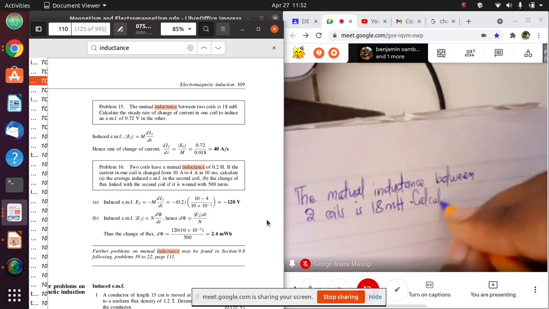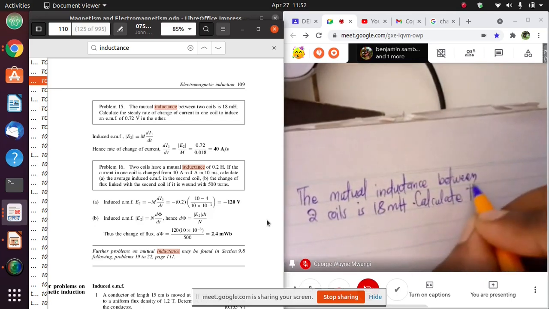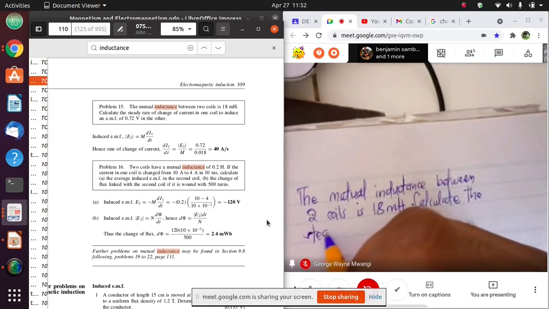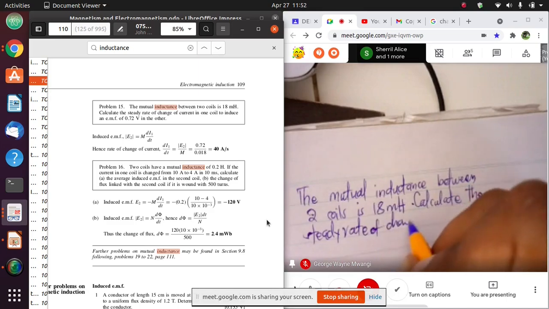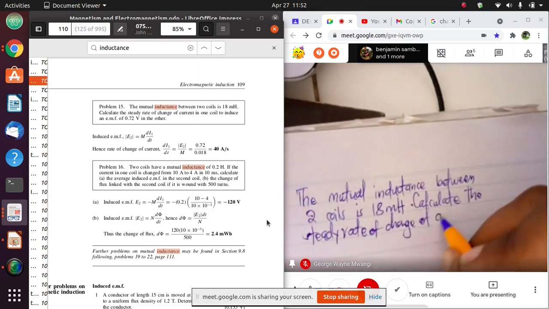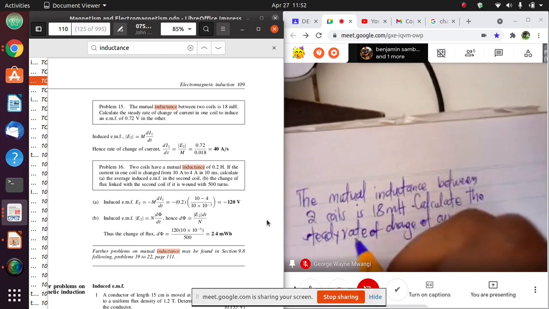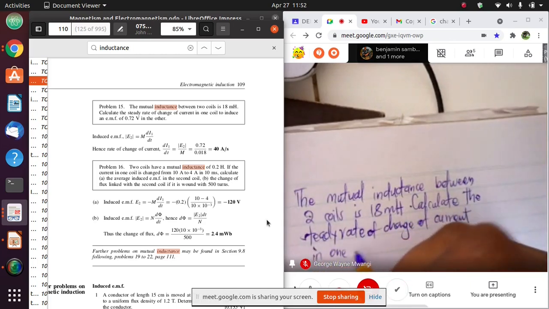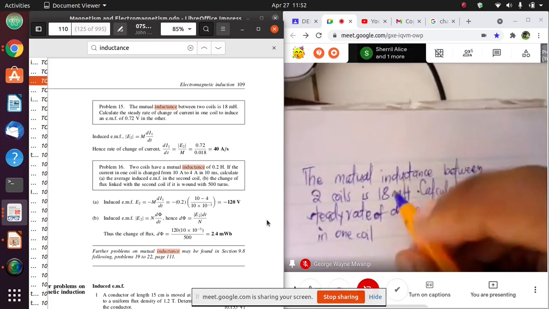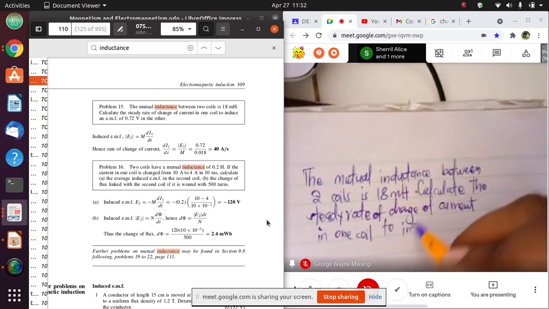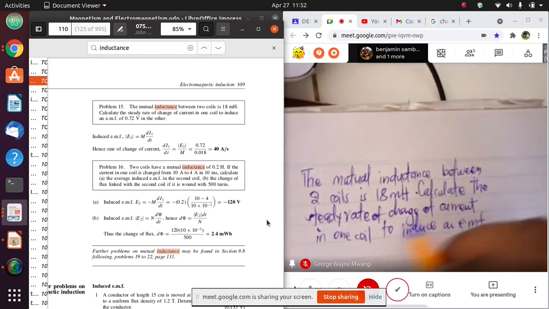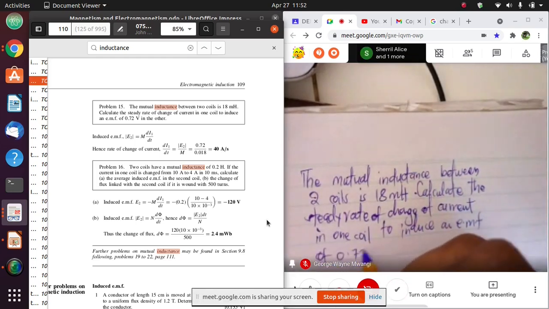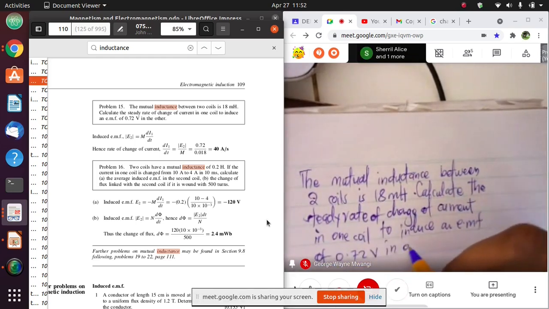Calculate the steady rate of change of current in one coil to induce an EMF of 0.72 volts in the other coil.